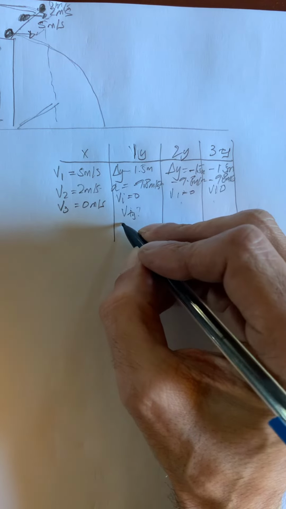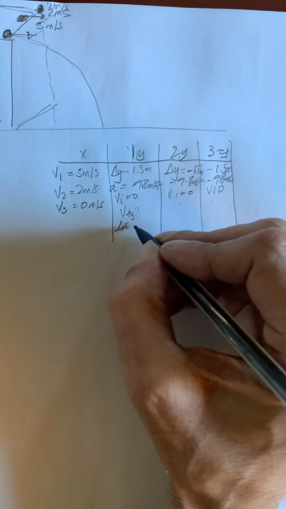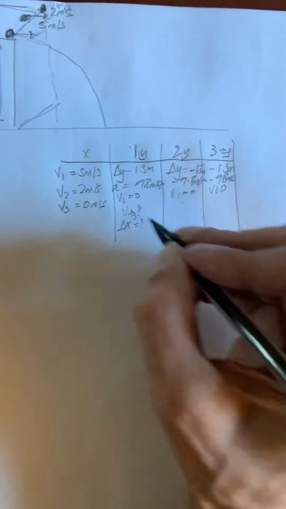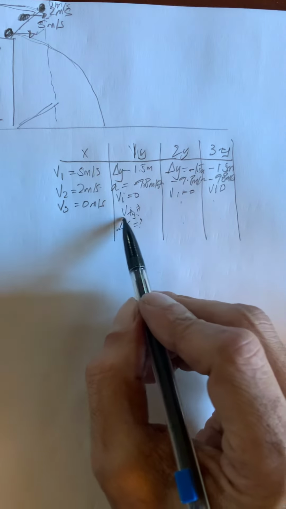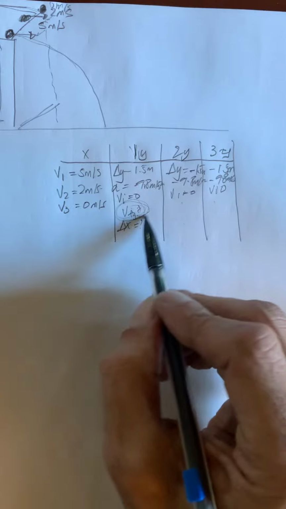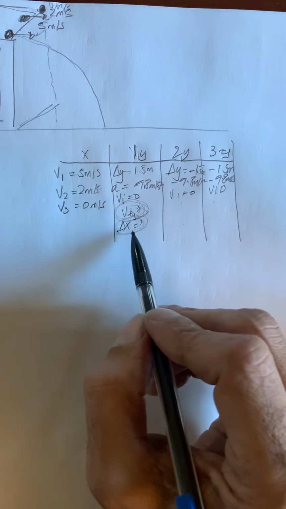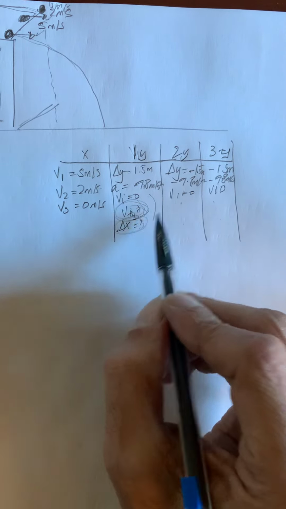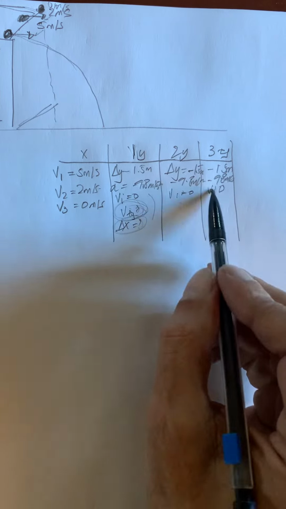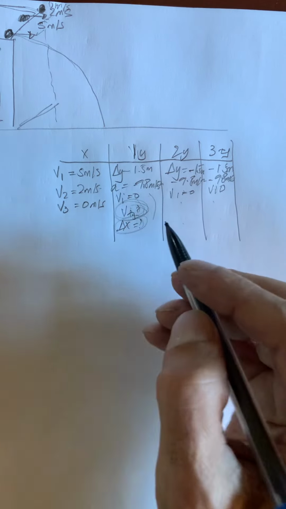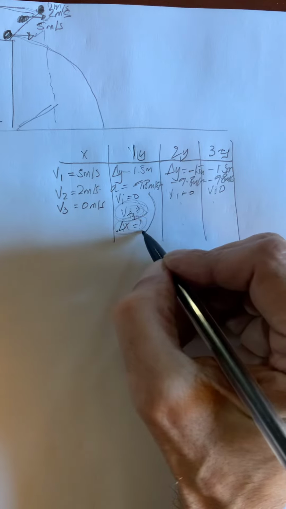How about my delta X? How would that change? Now this one depends on time, and so does this. So let's figure out the time first, and you see the time will be the same for all of them. And that's the key thing I'm trying to get to here.